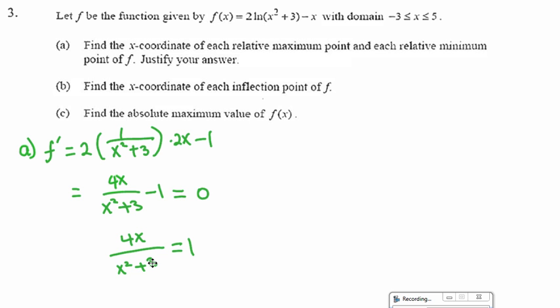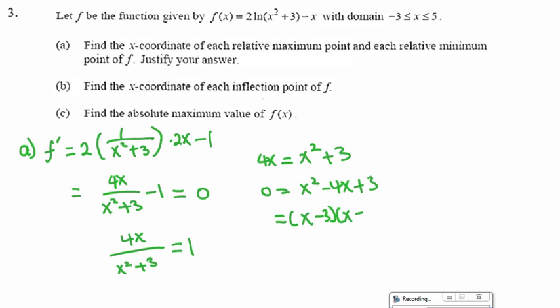That means bringing this one over to the other side, we get to realize 4x must be equal to x squared plus 3. That means 0 equals x squared minus 4x plus 3. Here we can easily factor this one: x minus 3, x minus 1. That means x has to be 3 or 1.